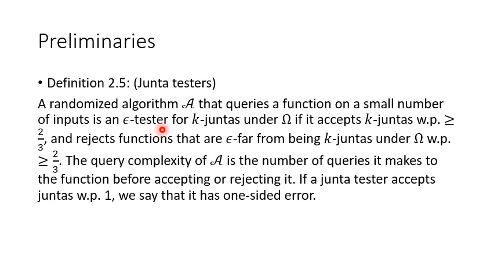For functions that are k-juntas, it should, with high probability, or in our case, with probability 1, output yes, and for functions that are epsilon far from being k-juntas, it should output no with high probability, but for functions that are neither epsilon far from being k-juntas nor k-juntas, we have no guarantee. So this junta tester has some gap. It has a range of inputs where we have no guarantee about the output.